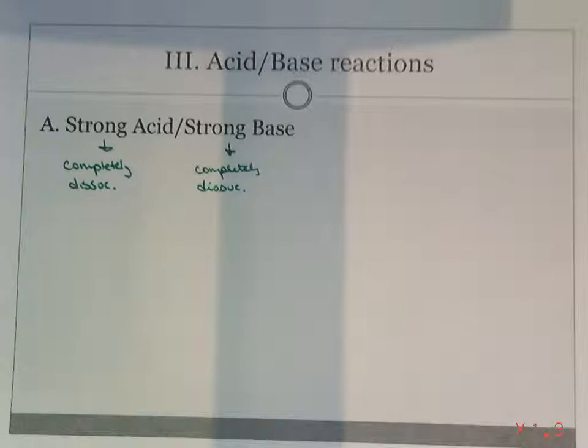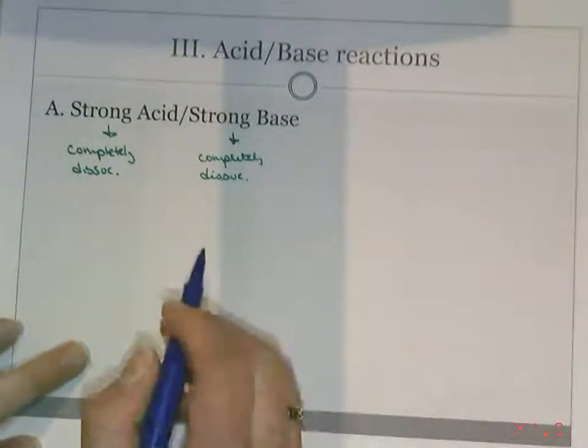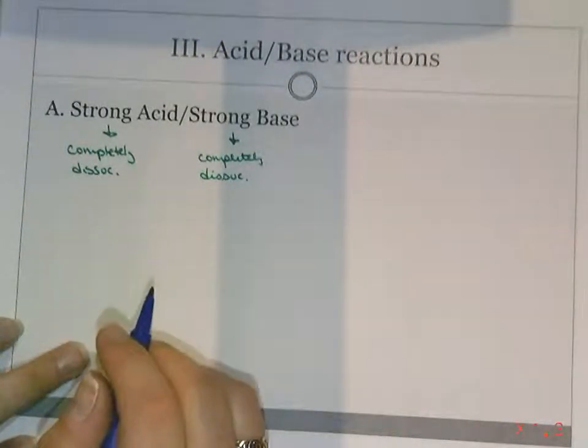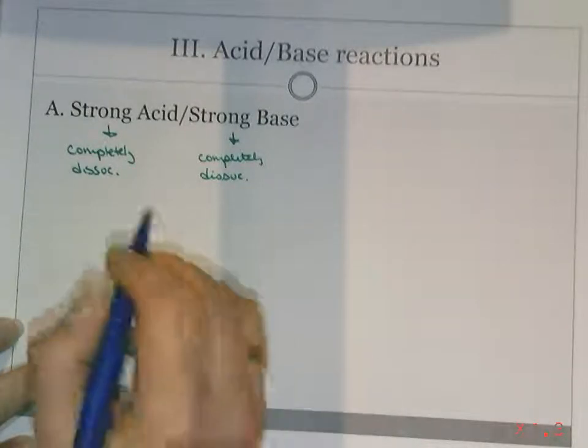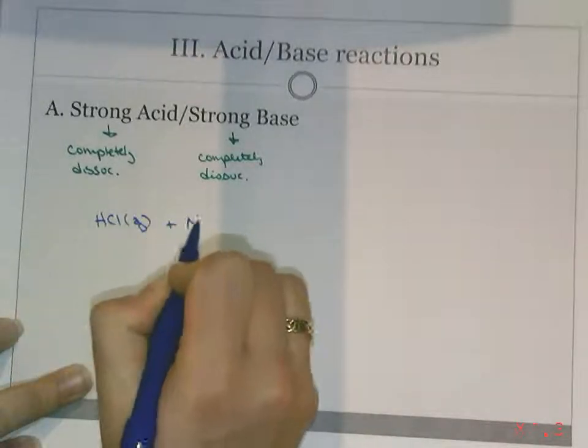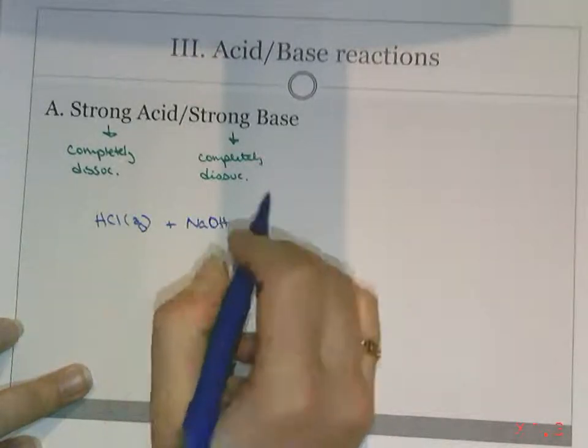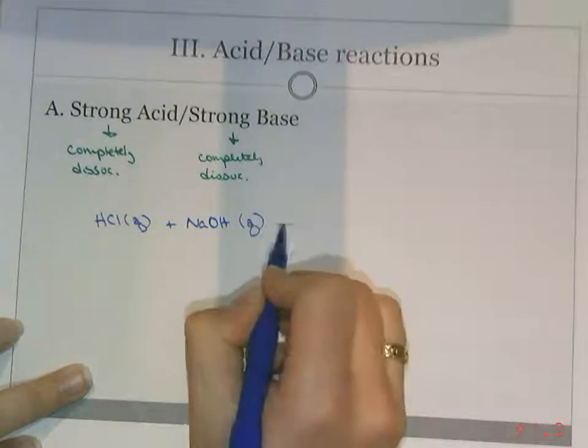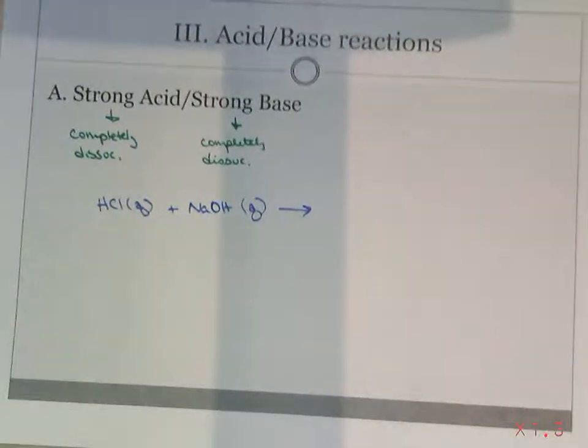So if I say, for example, let's see here, what's a good example? Oh, this one. We'll do this one. So I have hydrochloric acid reacting with sodium hydroxide. Is hydrochloric one of our strong acids?